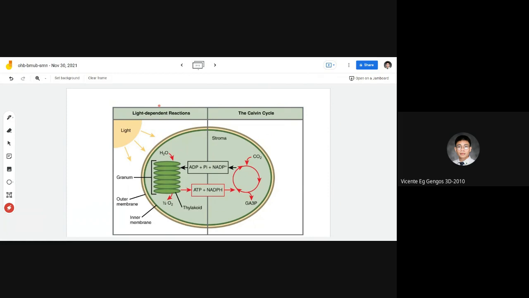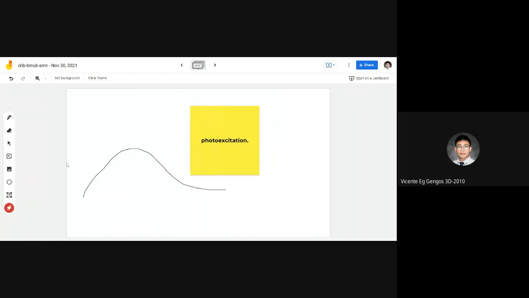The light dependent reaction is where they take in photons of light and water to produce oxygen, as well as high energy NADPH and ATP. This is also the place where photoexcitation occurs. Basically, a photon brings an electron to a high energy state, and the energy is harnessed by an electron transport chain, where it does a lot of work for the plant and loses the high energy it once had.